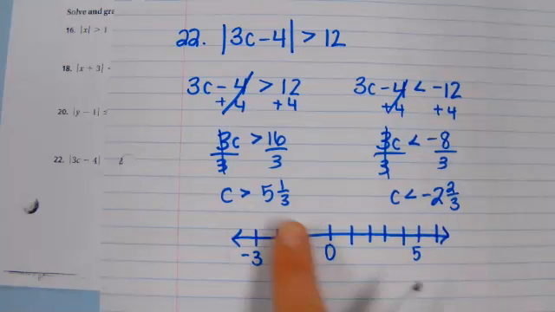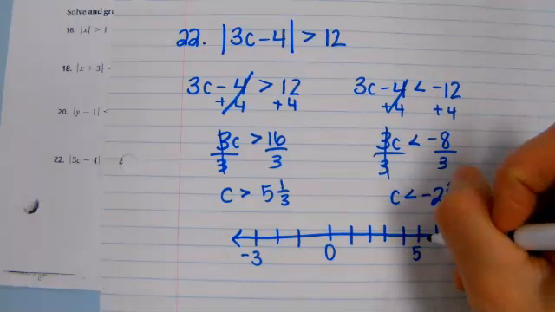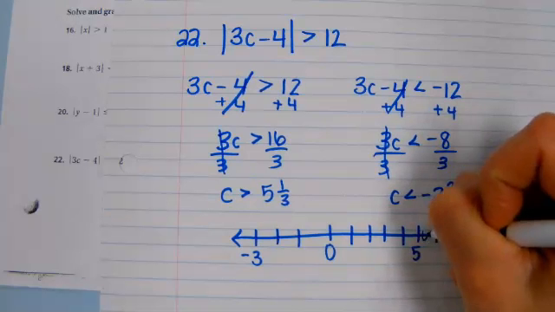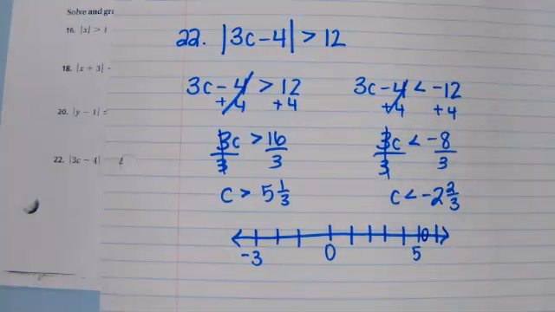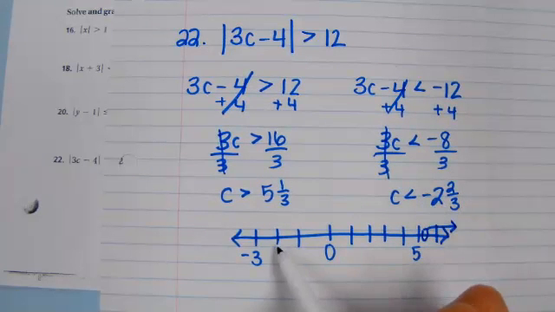So where would 5 and 1/3 be? Exactly the middle or closer to 5 than 6? Okay, open or closed circle? Open. So you just are estimating. Here's my open circle. What direction does that arrow point? To the right. All right, I have another open circle at negative 2 and 2/3. So is it closer to negative 2 or negative 3? Negative 3.